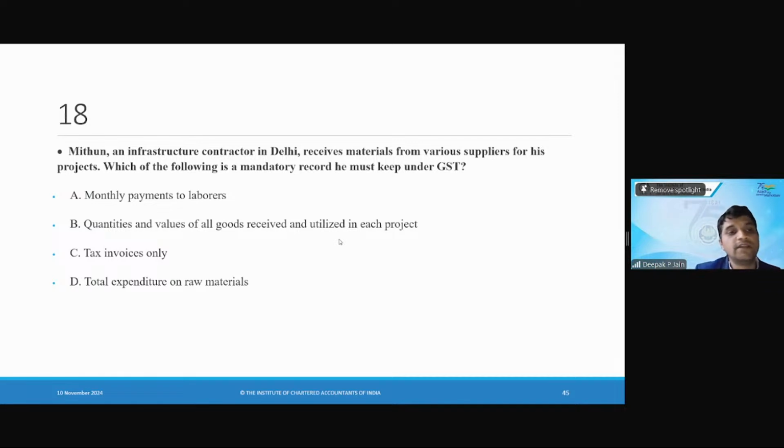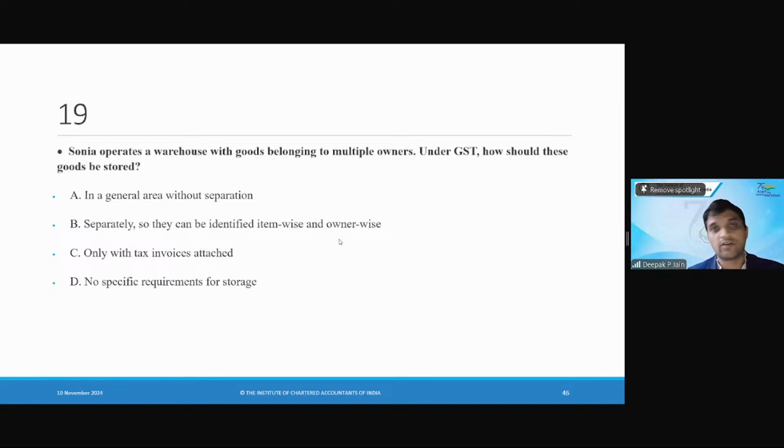Correct. 18. B. Quantities and values of all goods received and utilized in each project. He was a works contractor.